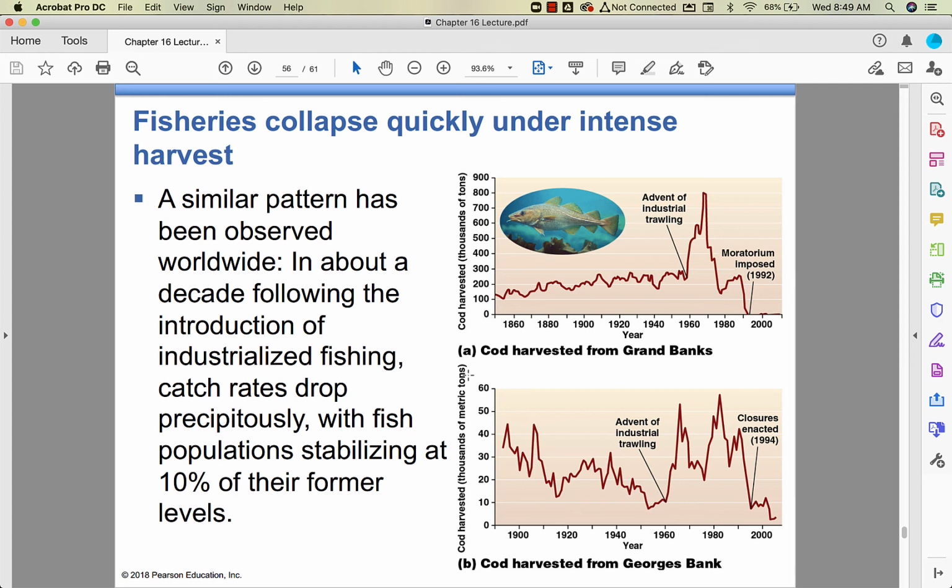And it's not just in U.S. waters. We can see the changes in fish populations as industrial trawling happened, as it was really introduced in the 60s. So it's caused some issues across the board, regardless of the fishery we're talking about.